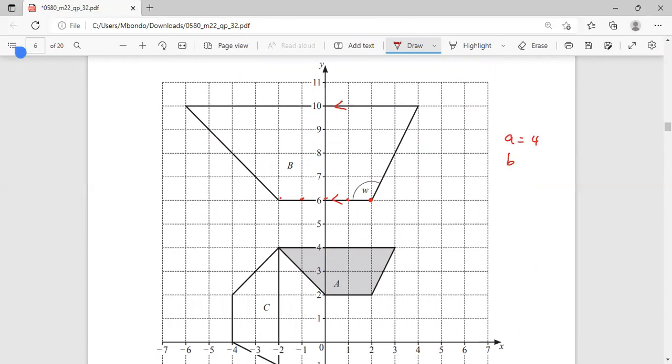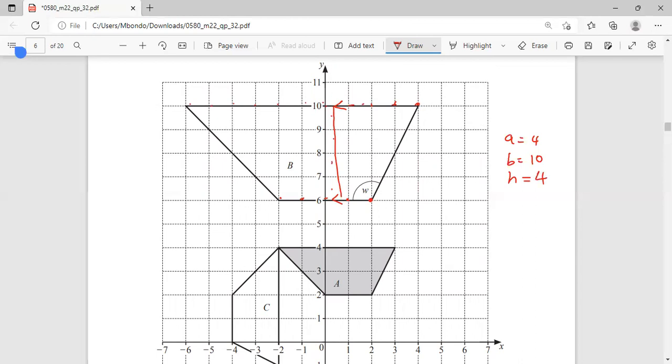What is our b? From here we say 1, 2, 3, 4, 5, 6, 7, 8, 9, 10. So b is 10. What is our h? Our h is the height here, this one. It's 1, 2, 3, 4. This is also 4.